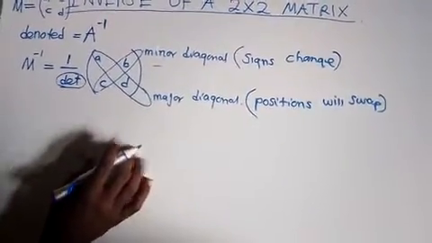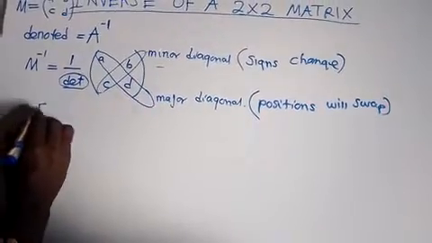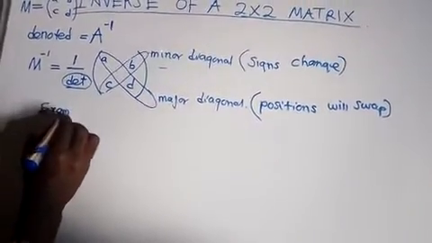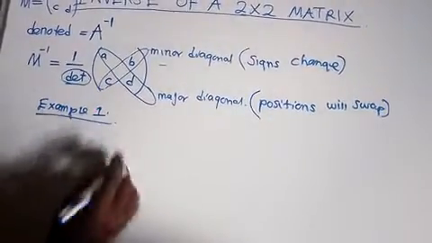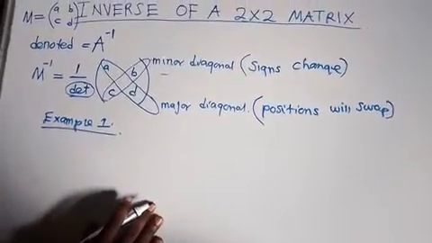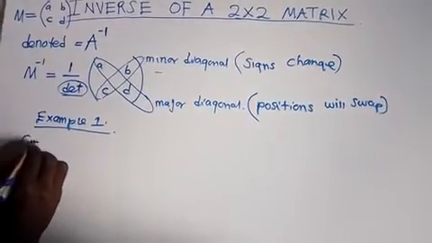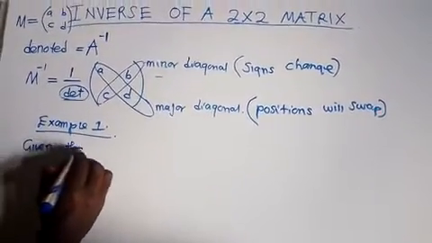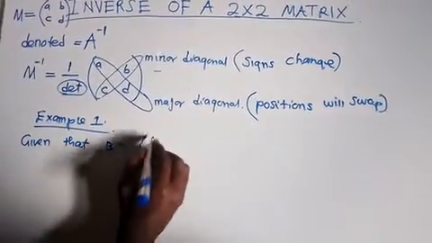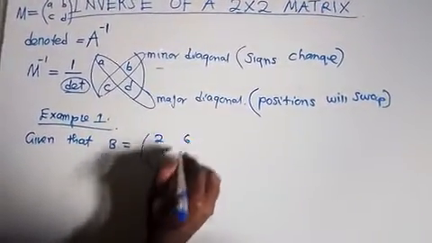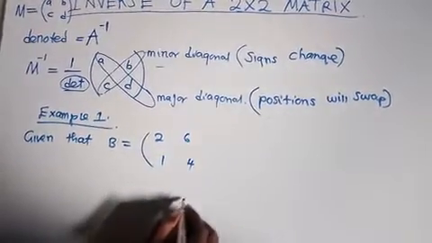Let's say you are given a question. This is our example 1. Given that B is equal to 2, 1, 6, then we've got a 4 there.